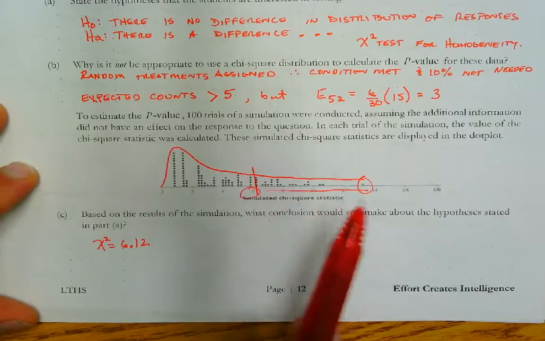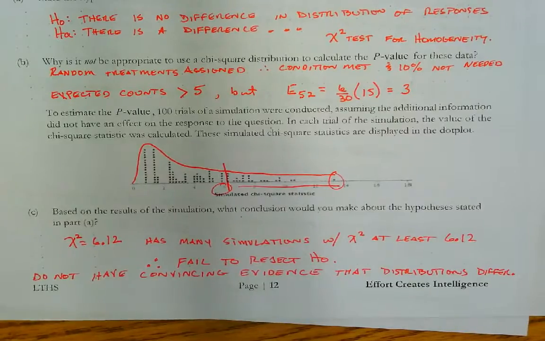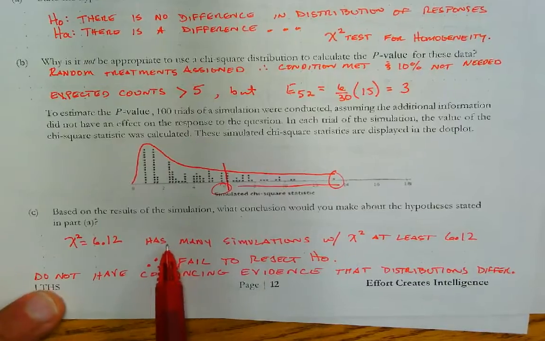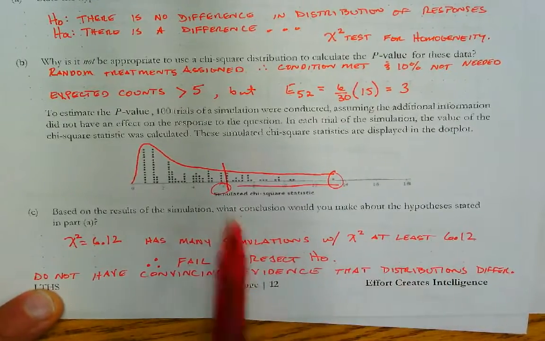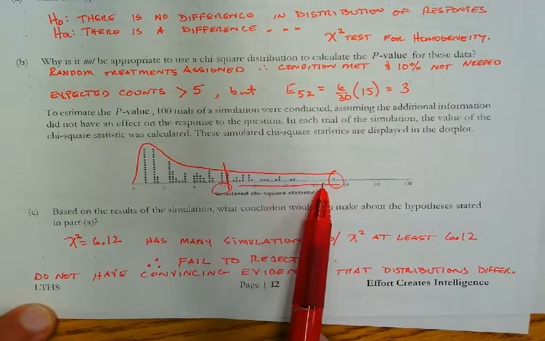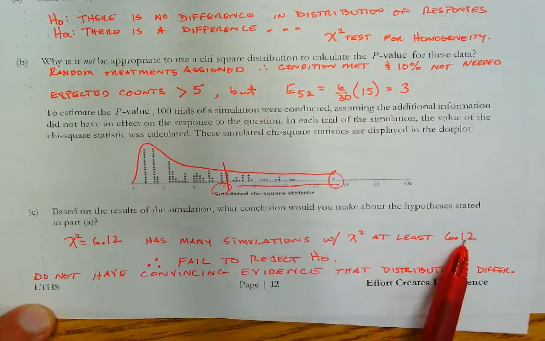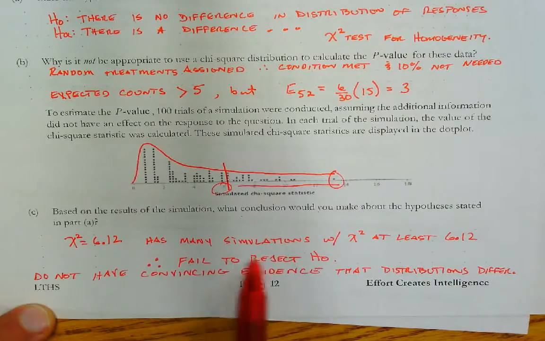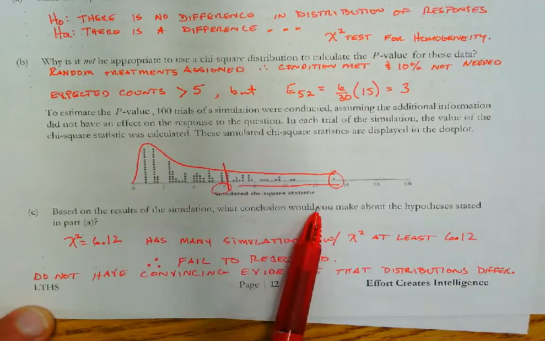So that tells us that we have many simulations with chi-square at least 6.12. I don't feel like counting those up, but it's certainly more than 5 out of 100. So we have many simulations with chi-square at least 6.12, so we're going to fail to reject the null hypothesis. What's going to be our conclusion?